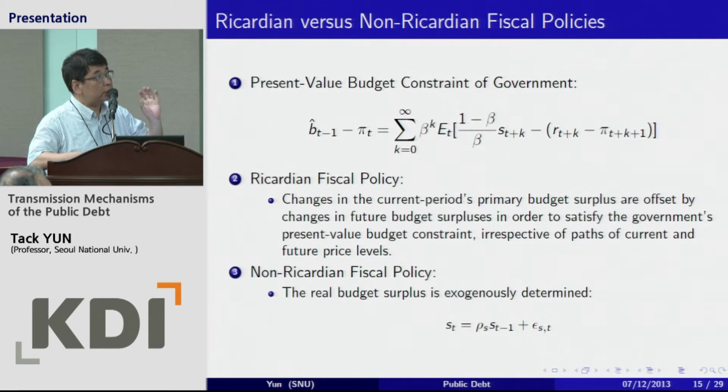So this is just a passive fiscal policy in the framework. But the non-Ricardian fiscal policy just does not look at changes in the economic condition, it just exogenously determines the real budget surplus. So this is the non-Ricardian fiscal policy.